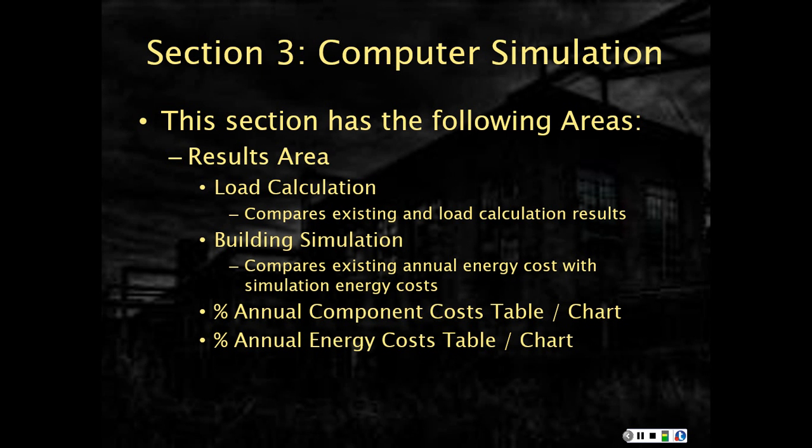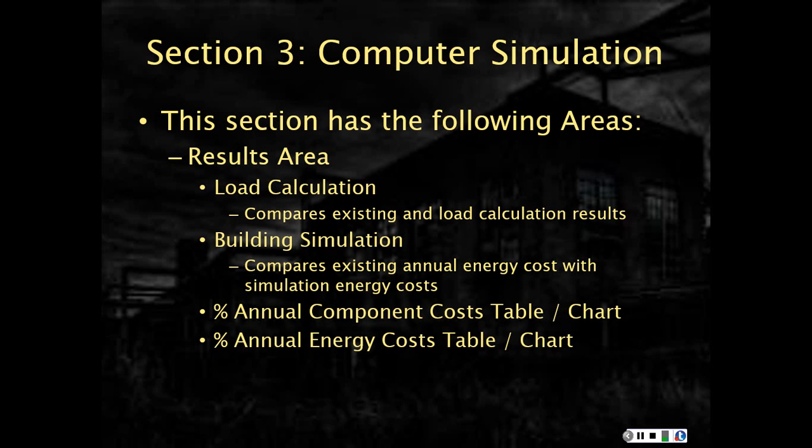Under the building simulation side, again, that first phase is to compare annual energy cost with the simulation energy cost. This is to ensure that our simulation truly is working and we can feel comfortable about utilizing this file to predict what's happening in the building.